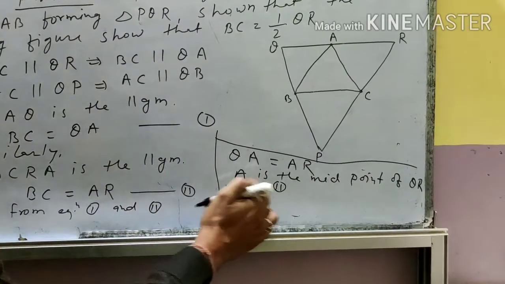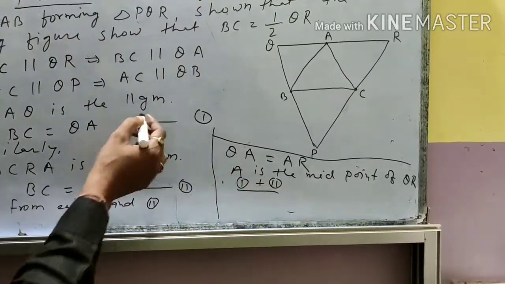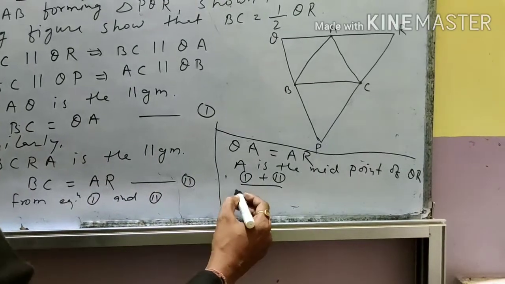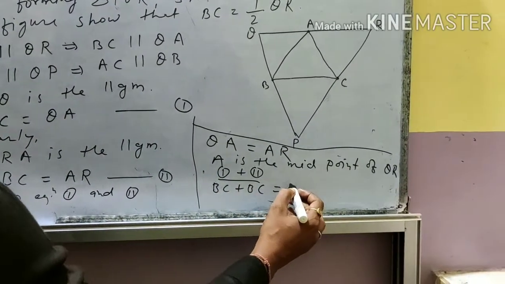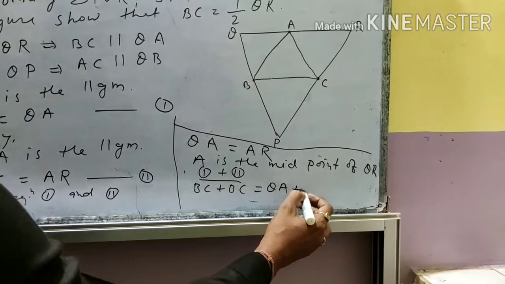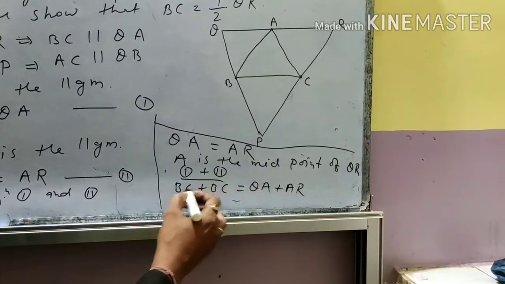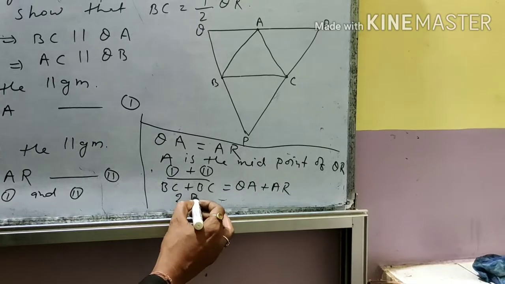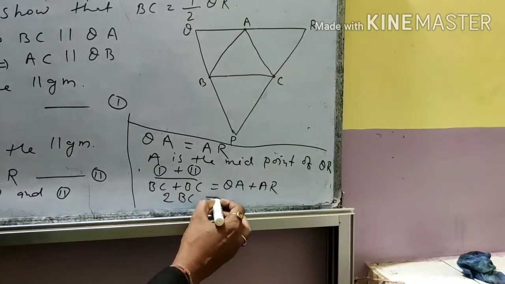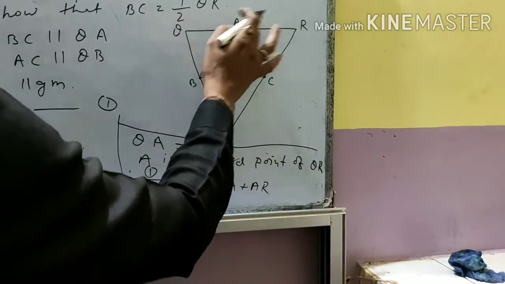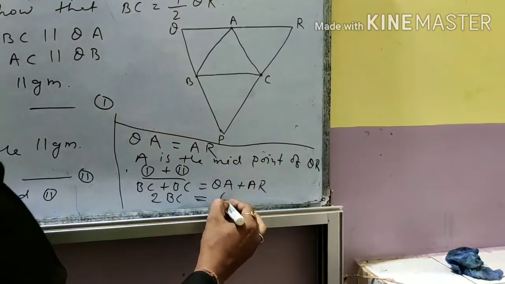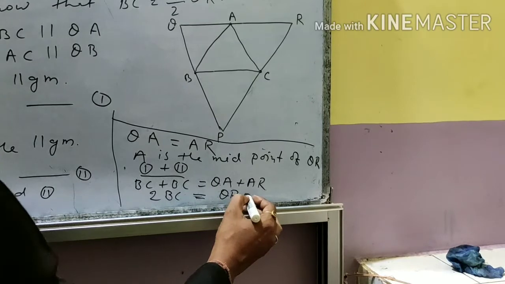Now adding equation 1 and 2, BC plus BC is equal to QA plus AR. BC plus BC is equal to 2BC, equal to QA plus AR. QA plus AR is equal to QR.